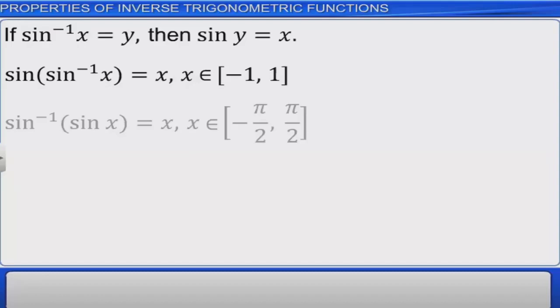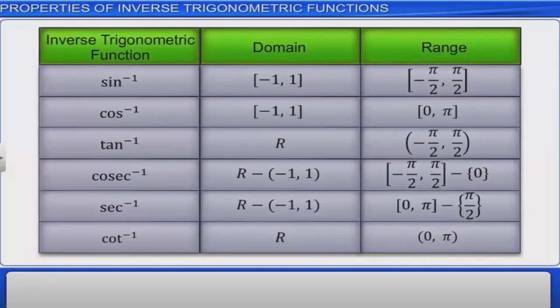Similarly, sine inverse of sine x is also equal to x when x belongs to a closed interval minus pi upon 2, pi upon 2. You also learned about inverse trigonometric functions and their principal value branches.